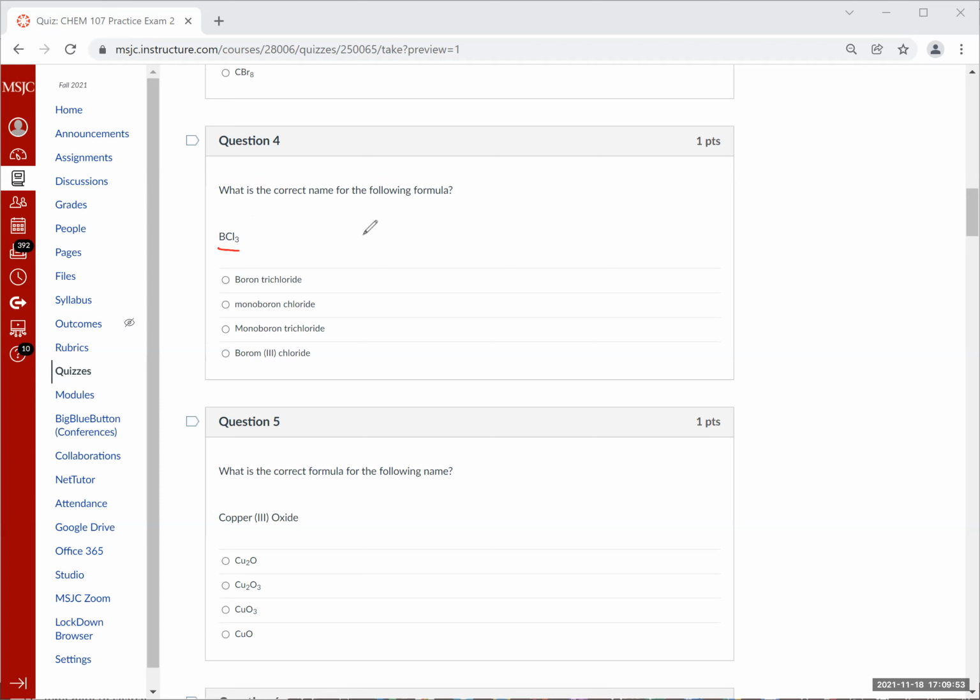So in this case, we'd name this compound as boron, which is the name of our first element, not monoboron, just boron. And then since we have 3 chlorine atoms, we name this as trichloride, matching the first response. Does this next question make sense to everyone?